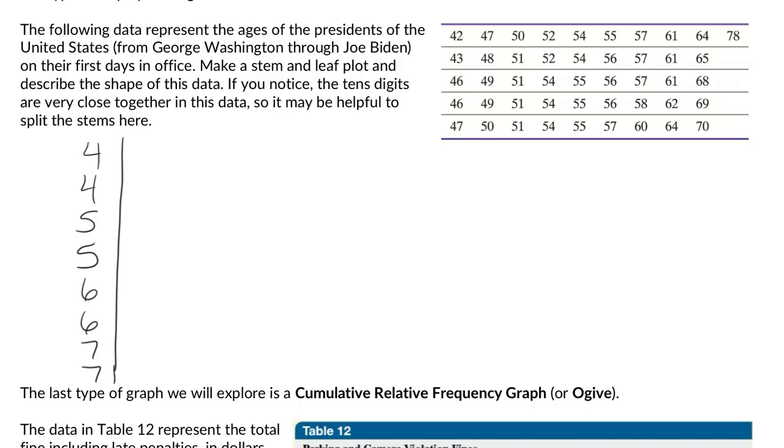Now we need to take all of the numbers from our data table and display them on the stem and leaf plot. Because again, just looking at these numbers the way they're given to me, I can make no conclusions. So let's get started.